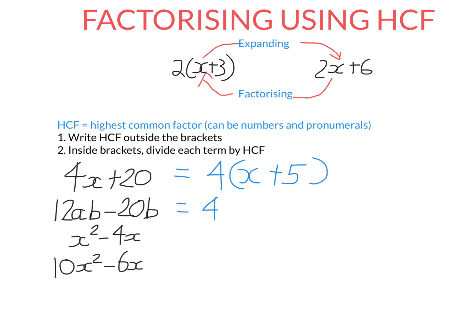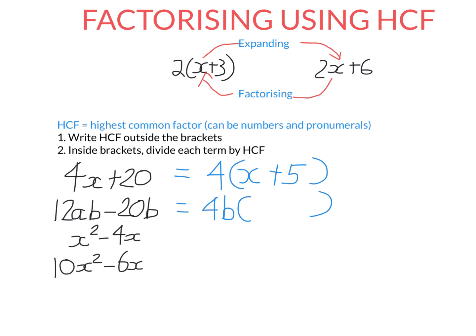They both have a b, so I'm going to write a b out the front. The highest common factor of these two terms is actually 4b. Now I'm not going to put an a out the front. A is not common. Only the first term has it. They don't have the a in common. So now, first step done, second step. I divide each of these terms by 4b.